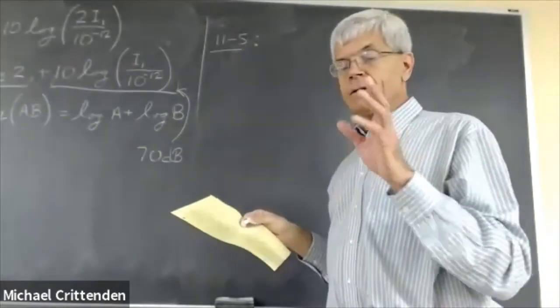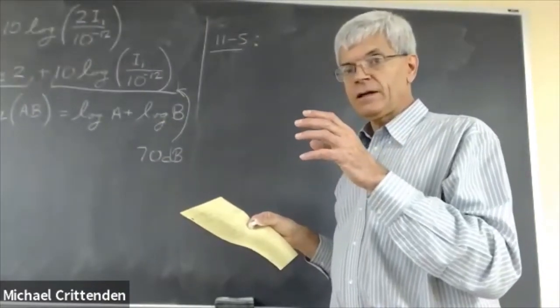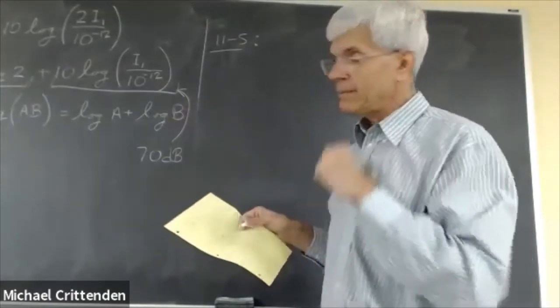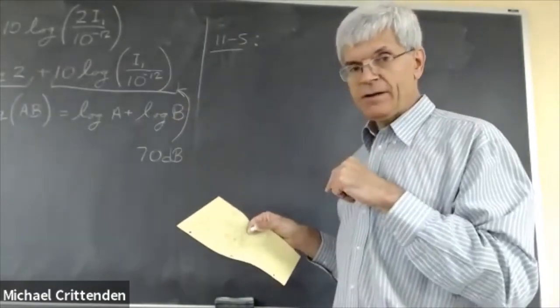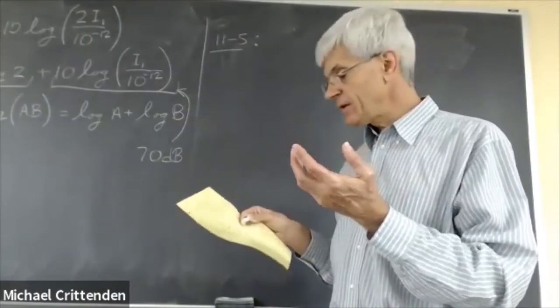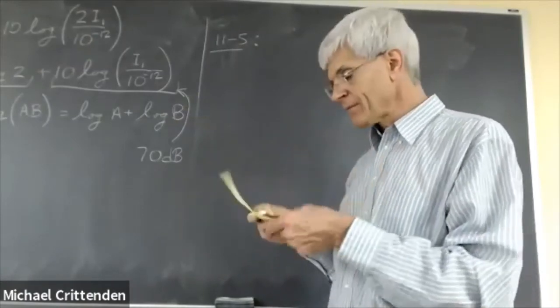Well, again, you've got the intensity, you've got an I1 and an I2. In the previous example, that represented the intensity at two different times. Now it's going to be the intensity at two different places.